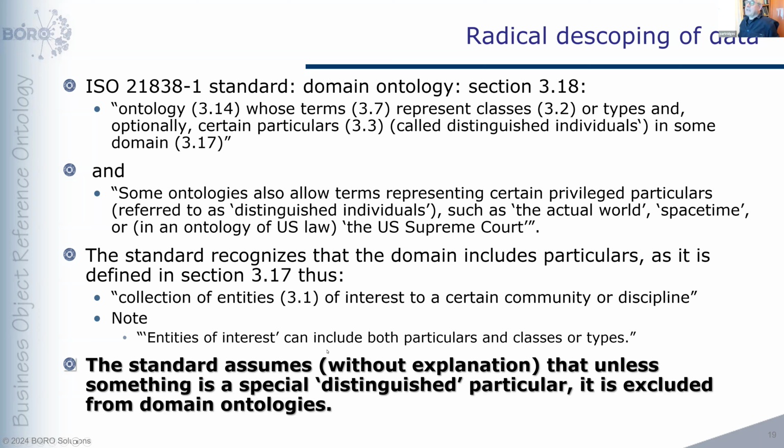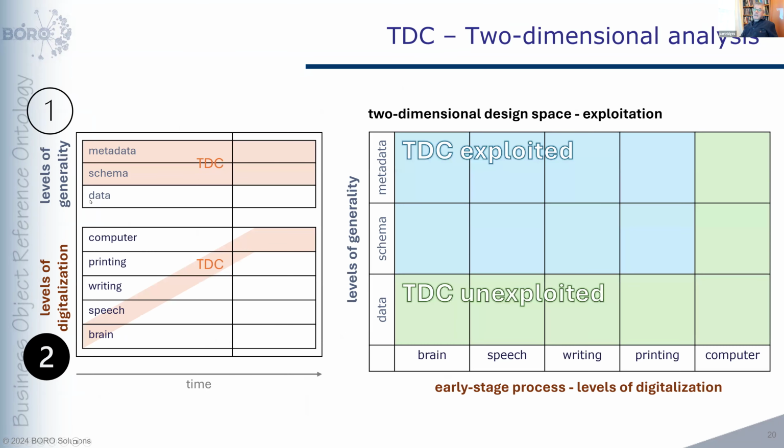I remember when it was being produced, I discussed this with both Matthew and Barry, and I said it was very odd. I think in the early version they hadn't even distinguished particulars, but there doesn't seem to be any desire to allow data into these ontologies.